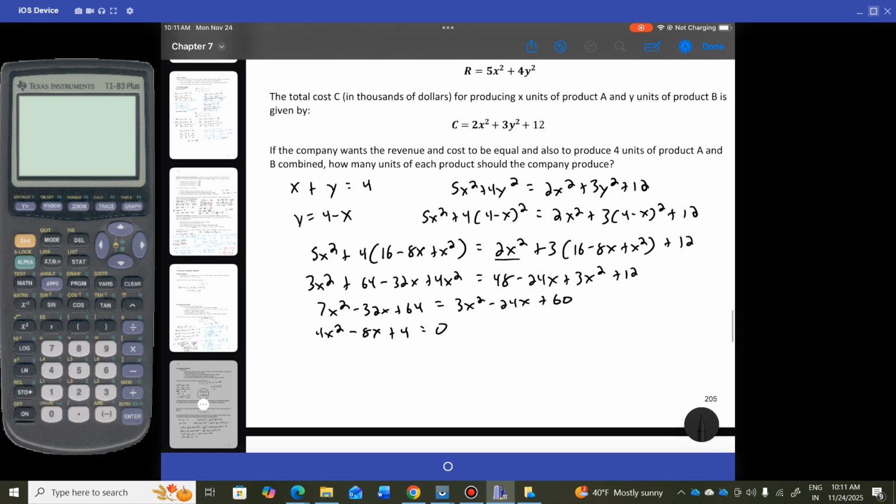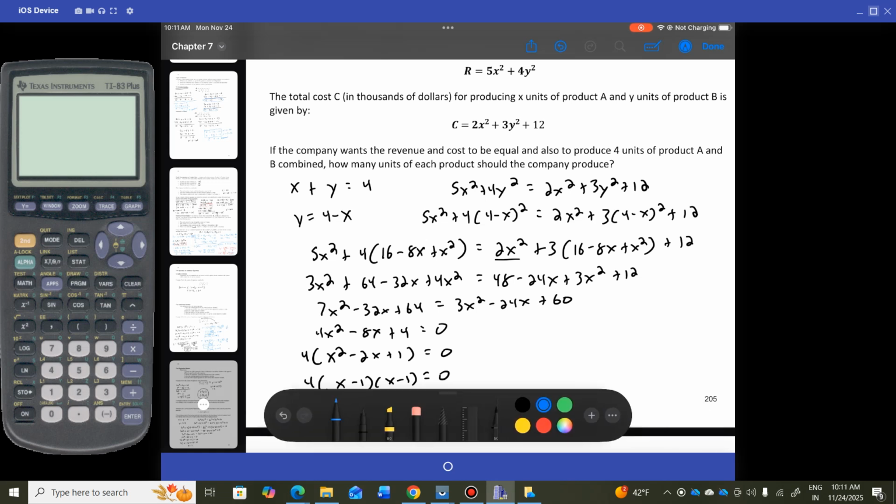I can factor out 4. x squared minus 2x plus 1. And then this factors x minus 1 times x minus 1. And so in this case, x is going to equal 1 unit. That will make those two equations equal.